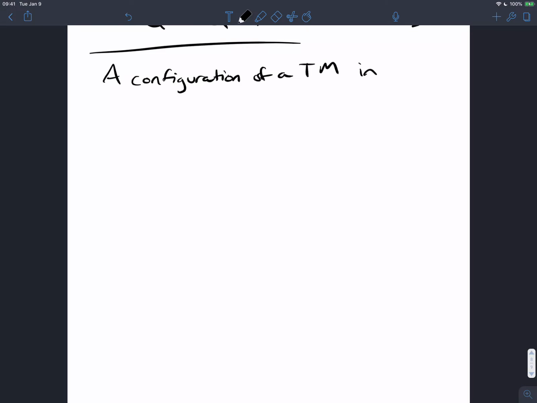So a configuration of a Turing machine in, let's say, state Q and with tape contents, let's say S1 through SK.